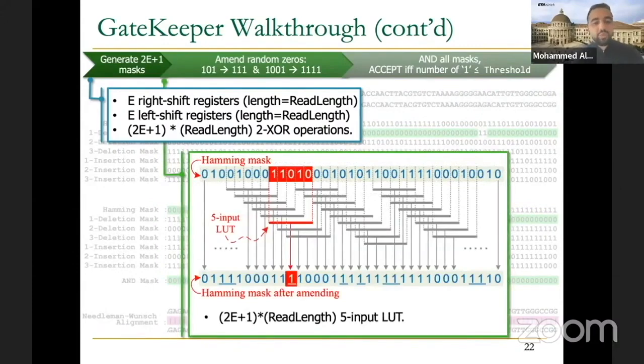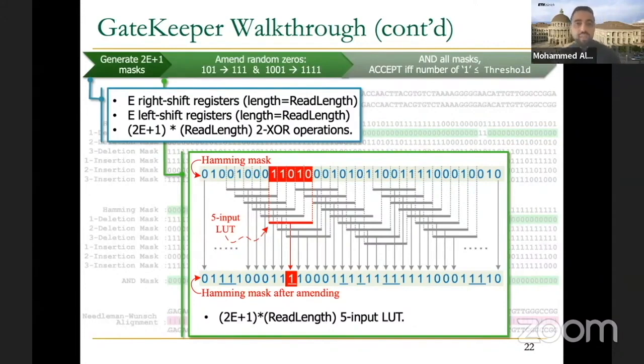Now, the challenge is, when you change the short zeros, a single zero or two zeros, into ones, how do you change them? We leverage the lookup table operation in FPGAs, and we know that all FPGAs have lookup tables in order to achieve any kind of logic operation. There are some logic gates in the slice of the FPGA, but there are always lookup tables to do any kind of operation.